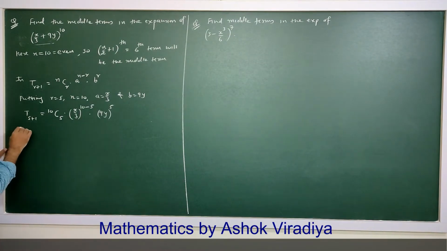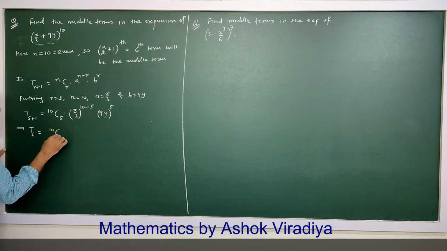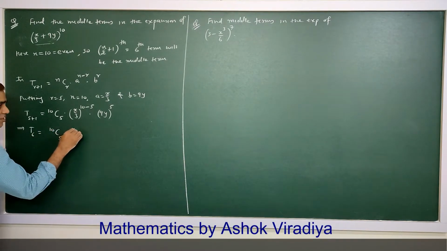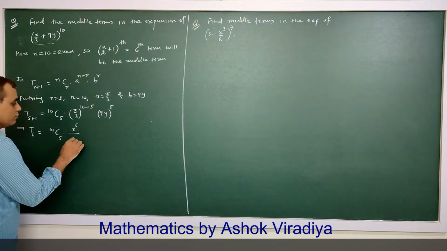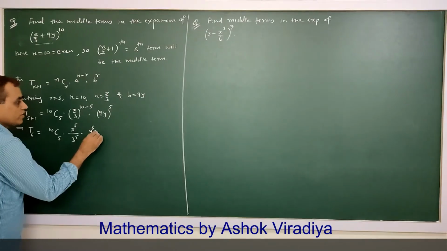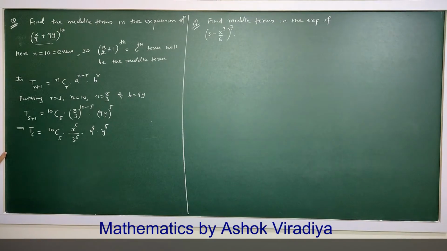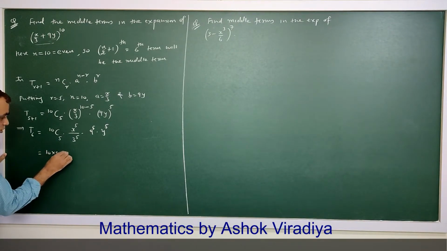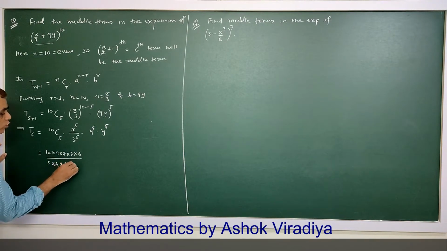So the 6th term is equal to 10C5 x raised to 5 upon 3 raised to 5 into 9 raised to 5 into y raised to 5. 10C5 is 10 into 9 into 8 into 7 into 6 upon 5 into 4 into 3 into 2 into 1.